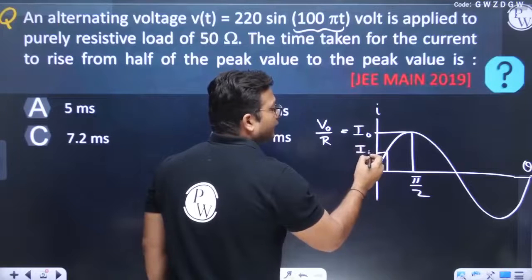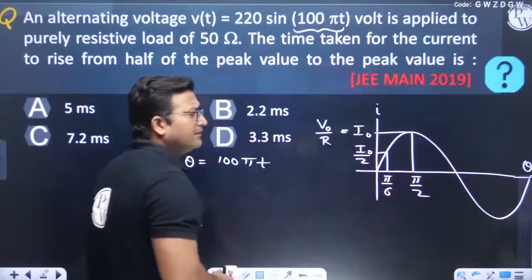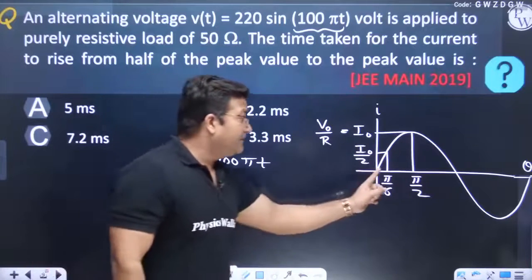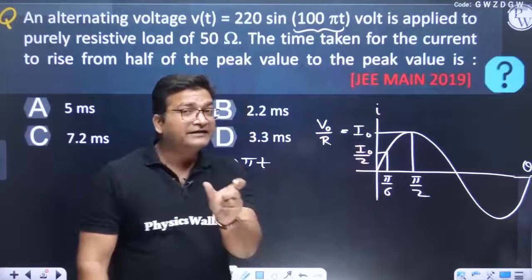Here we get I naught by 2 at pi by 6, because sine pi by 6 is 1 by 2.